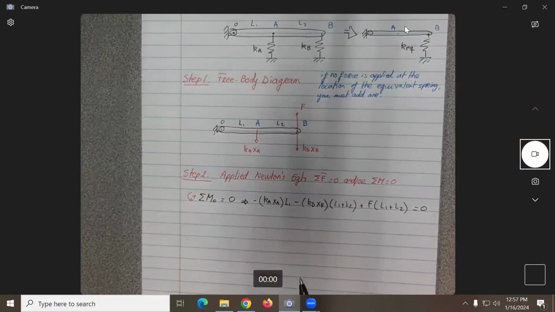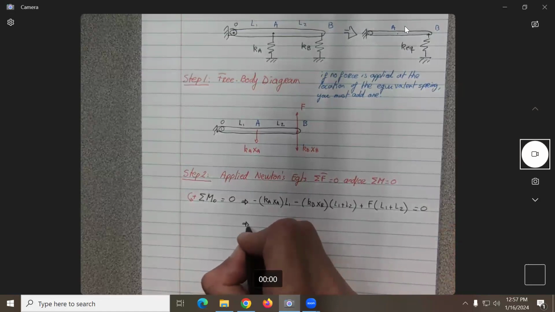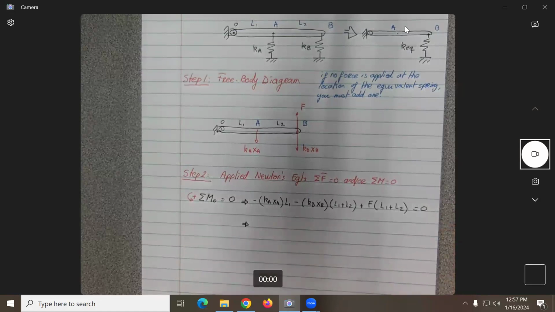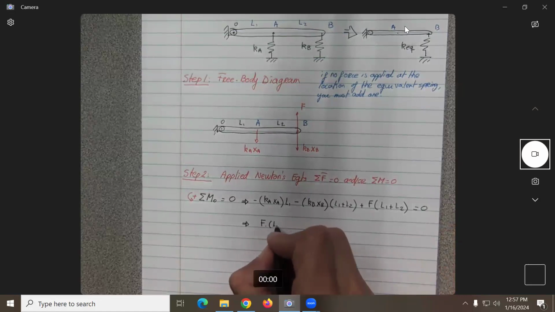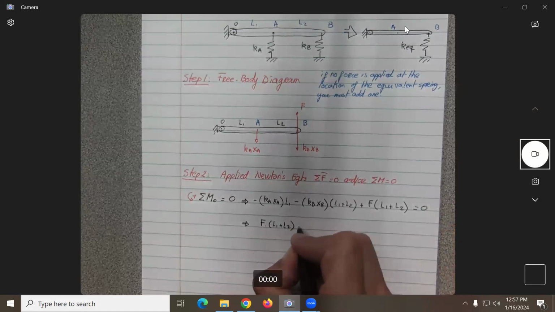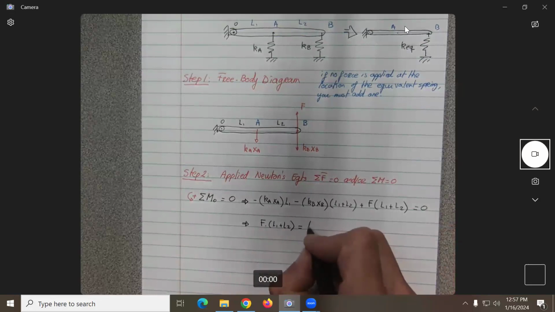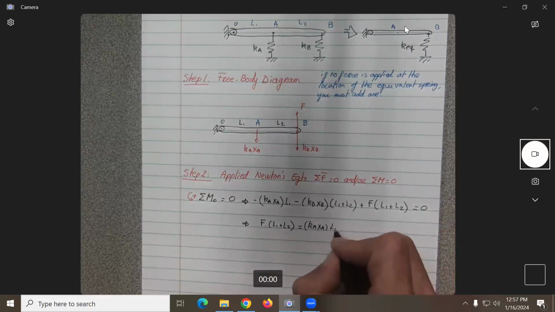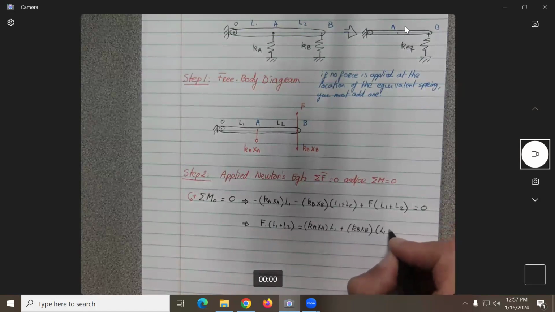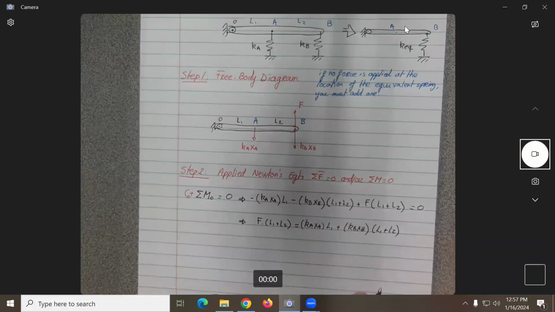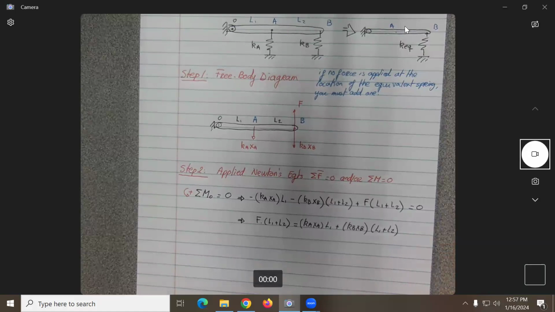So why do we do all this? So that now we can write down, okay, if you want, let's do it in 2 steps. F times L1 plus L2 will be equal to KAXA L1 plus KBXB times L1 plus L2.